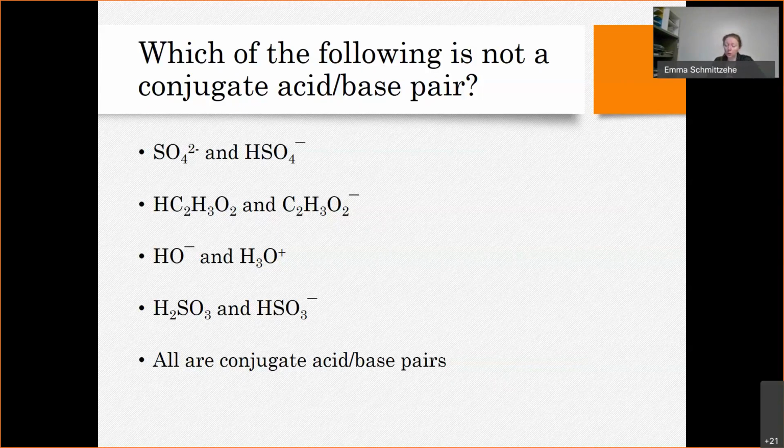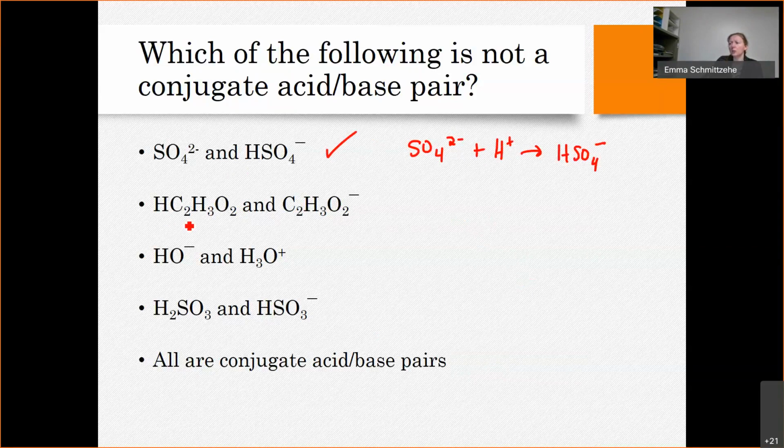And so if we look at, like, SO4 2 minus and HSO4 minus, well, SO4 2 minus, if we added an H plus, then we would get HSO4 minus, right? Because we'd have that additional H and our charge would increase by 1, right? So that is a conjugate acid-base pair, okay?